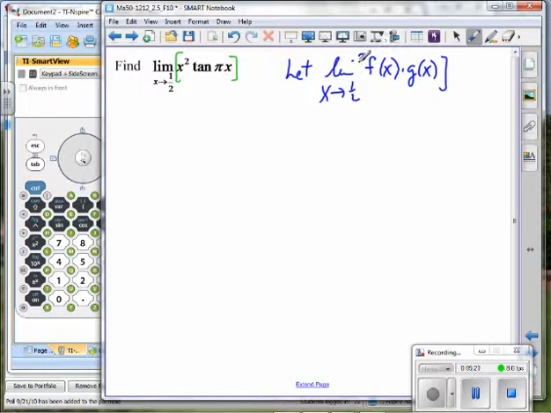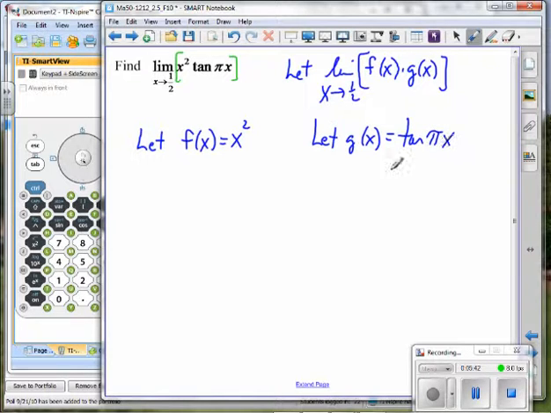And I will put that in brackets. And let's assign, let f of x be x squared. And let g of x be what? Yeah, tangent pi x. Okay.